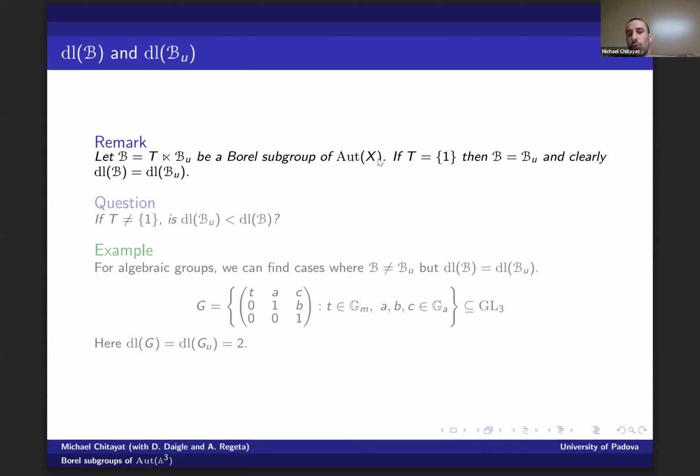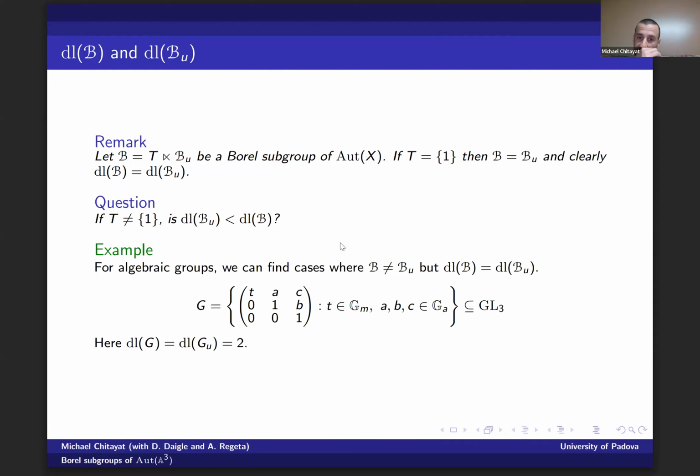Now, if you have no torus in your Borel, then it's obvious that B is equal to BU, and clearly the derived length of B equals the derived length of BU, just because the two things are equal. Now, what happens if you have a torus? Is it the case that the derived length of the unipotent radical is strictly less than the derived length of the Borel itself?